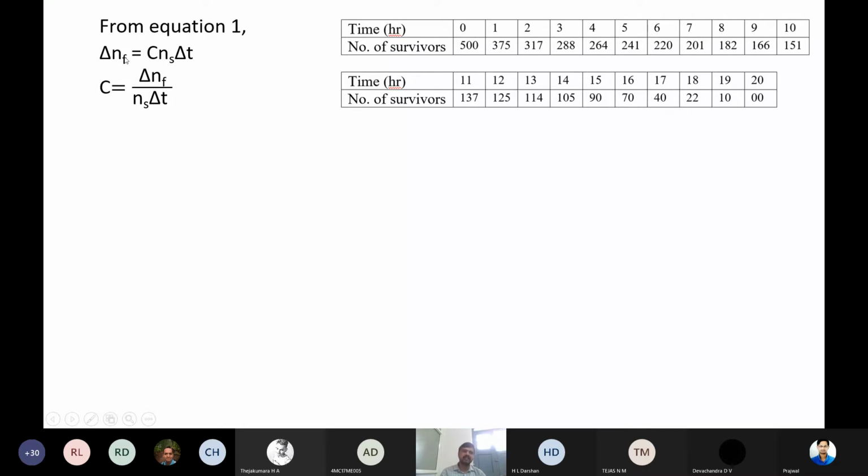If you consider a time interval delta t, then delta Nf is the number of failures after this interval, given by C Ns delta t. Rearranging for C, this becomes delta Nf divided by Ns delta t.